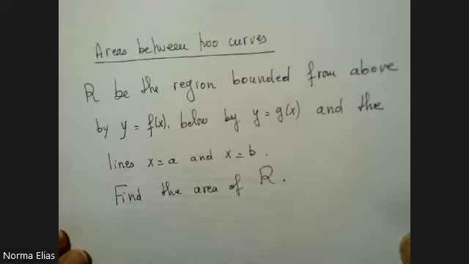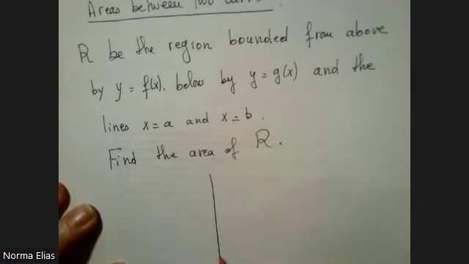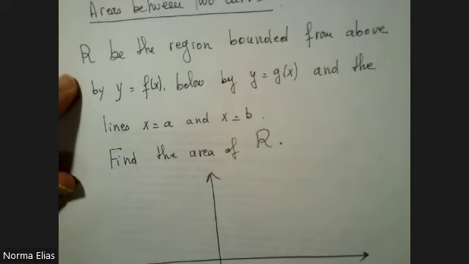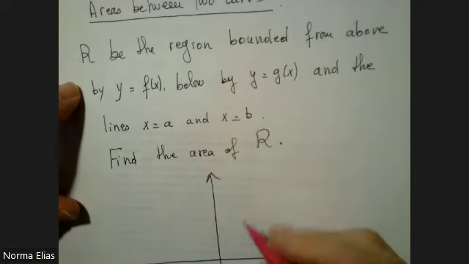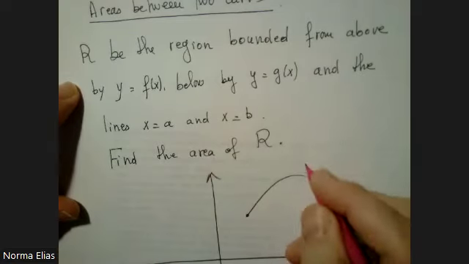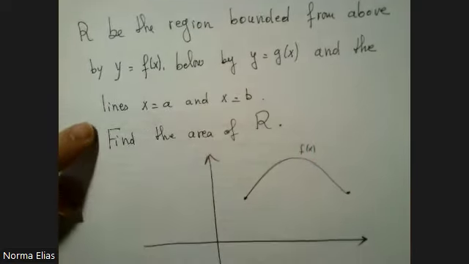Okay, so this is the picture. Let's see how we read this verbatim. R is the region bounded from the top by y equals f of x. This is f of x. That's the top curve. From the bottom by y equals g of x. And I didn't say anything is positive.